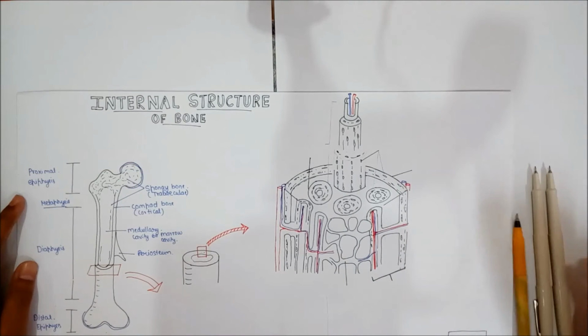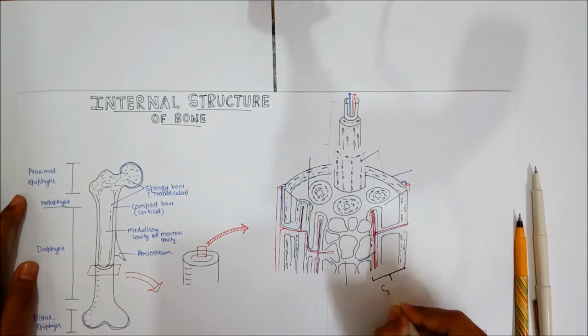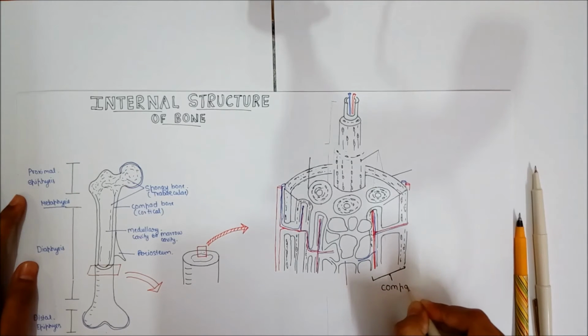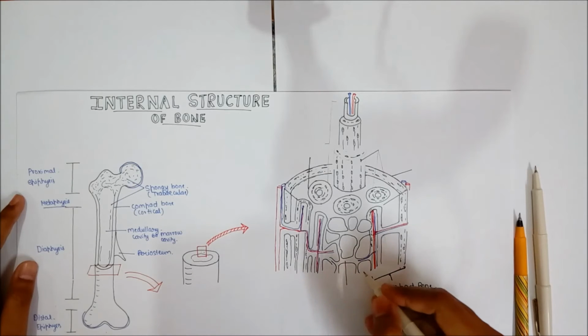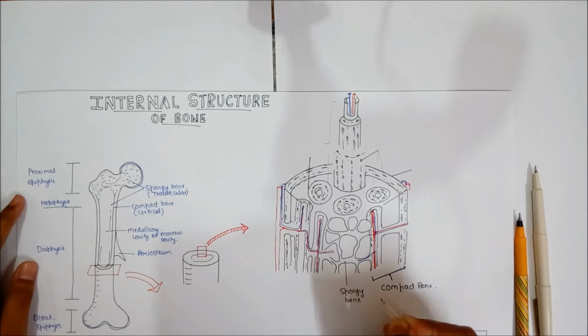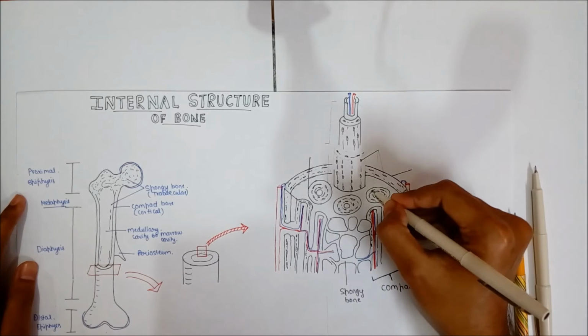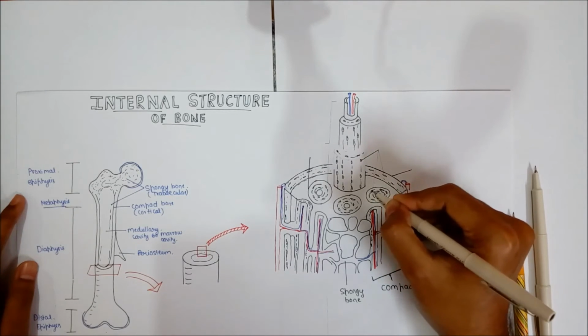You can see this outer bone called the compact bone or the cortical bone, and this interior one projects into 3D lattice work structures called the trabeculae, and this is the spongy bone. Now can you see these spherical oval shaped cellular structures?